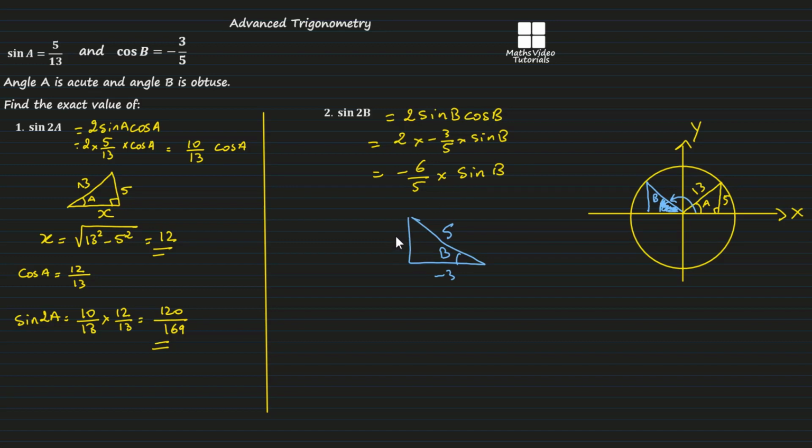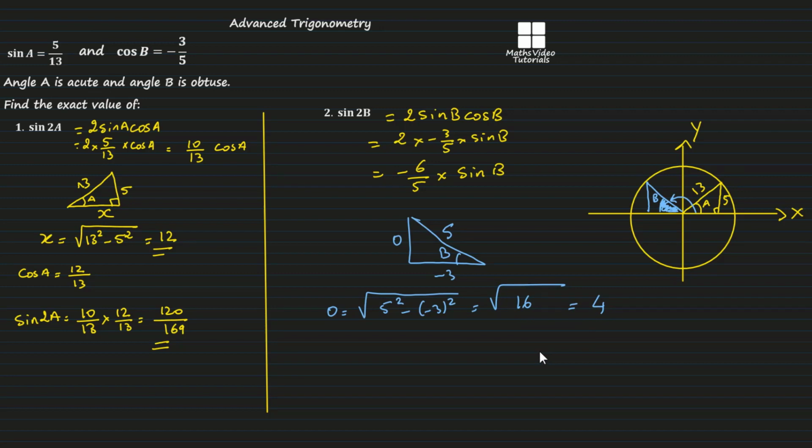Let's call it O for opposite. O is going to be the square root of 5 squared minus 3 squared, which is the square root of 25 minus 9, the square root of 16, and that's 4.